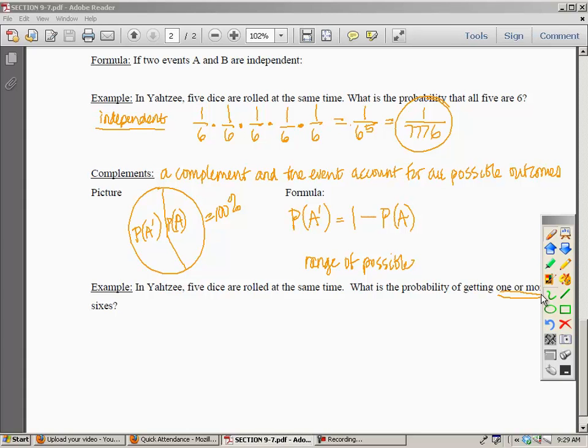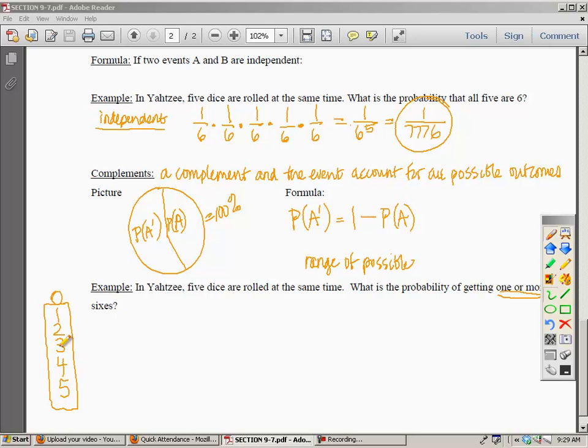Now let's talk about the 5 dice. If I get my number of 6s, I could roll the dice and get no 6s. I could roll the dice and get 1 six, 2 sixes, 3 sixes, 4 sixes, or all 5 sixes, which means a Yahtzee. Now you could find the probability of 1 plus the probability of 2 plus the probability of 3 if you wanted.